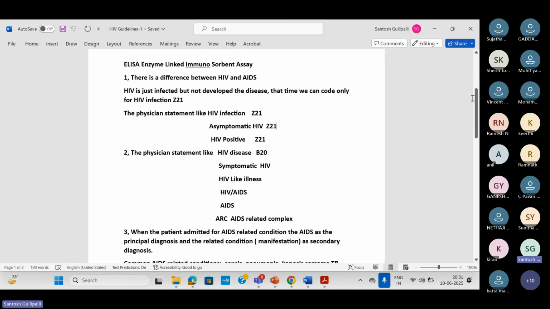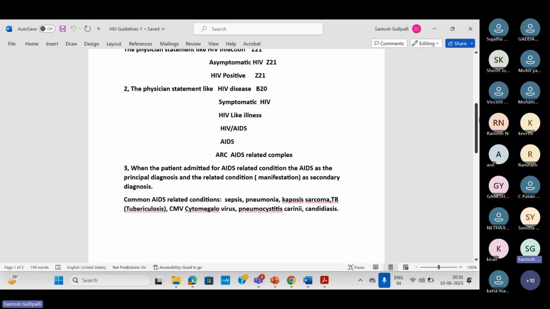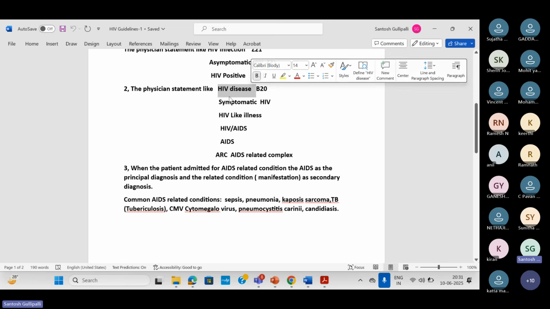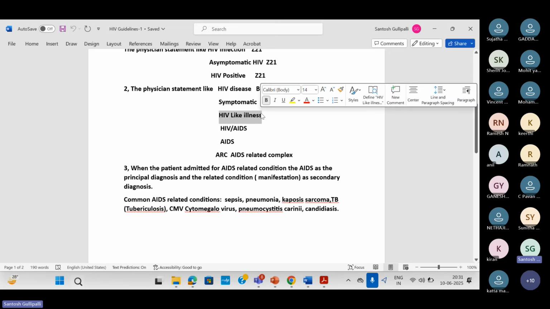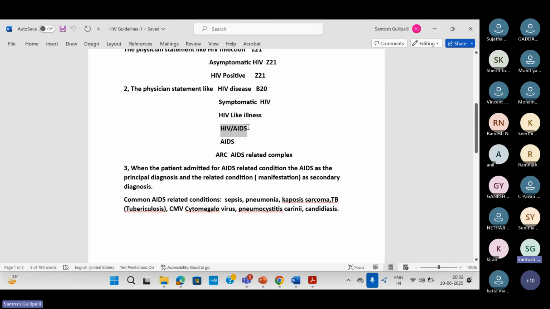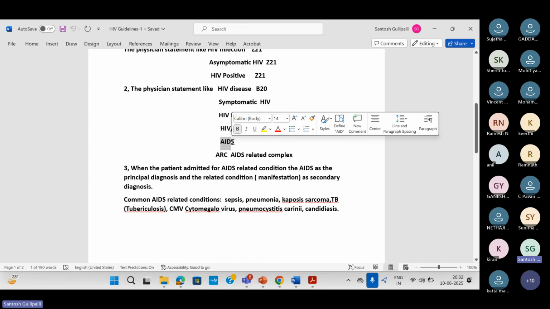But if the physician statement is like HIV disease, symptomatic HIV, HIV like illness, HIV/AIDS or AIDS, then assign B20. AIDS full form is acquired immunodeficiency syndrome.